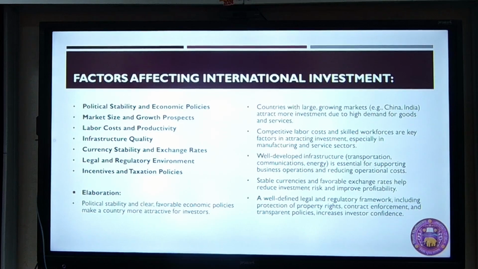Currency stability is obviously very important, especially when we are dealing in export and import. I told you earlier as well, if the currency depreciates, who will benefit, export or import? Exporters will benefit. That is the reason why in India, IT services and pharmaceuticals, along with gems and jewelry, along with handicrafts, are getting such a boost.